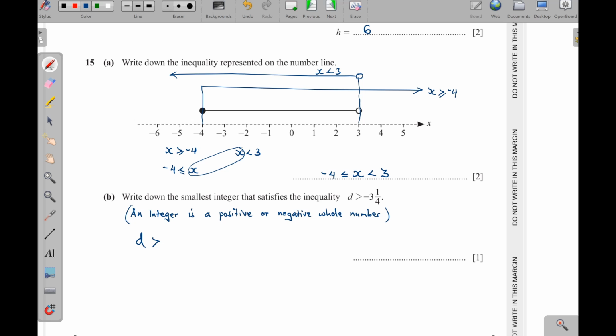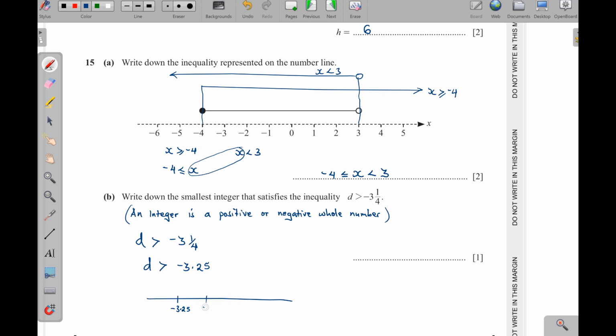Okay, so if x is greater than negative 3¼, this is the same as saying x is greater than negative 3.25, because a quarter is 0.25. Now the ones that are greater, we can have something like this. This is negative 3 point maybe 25.